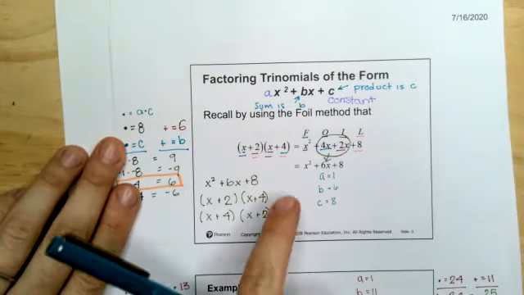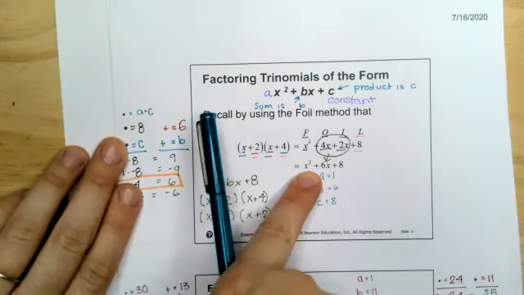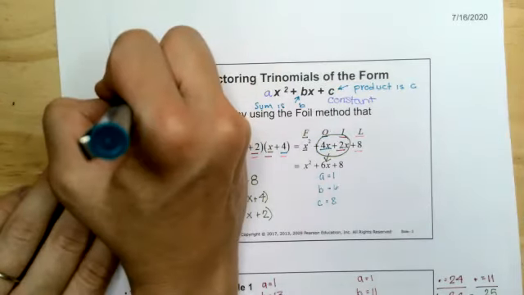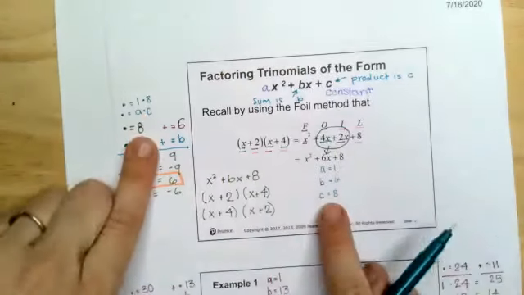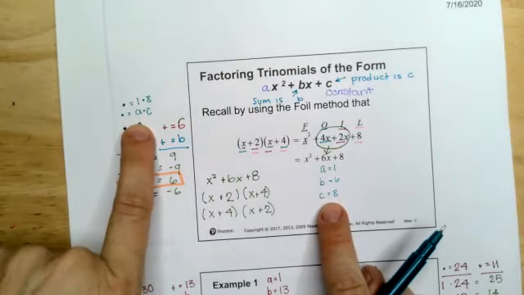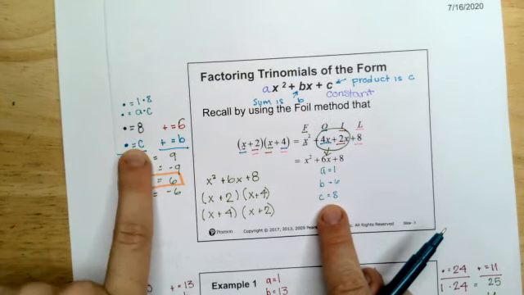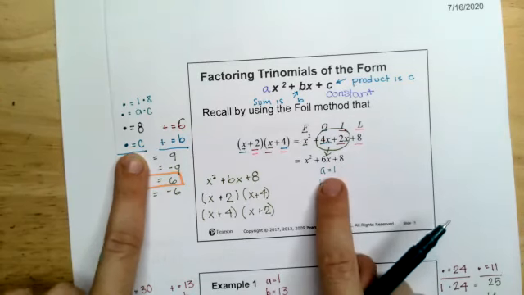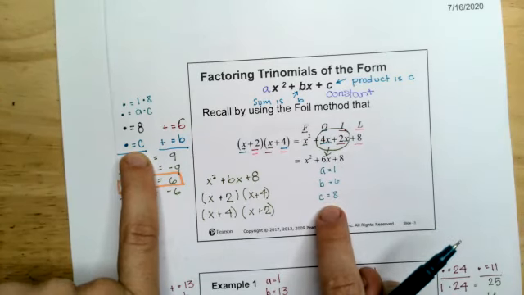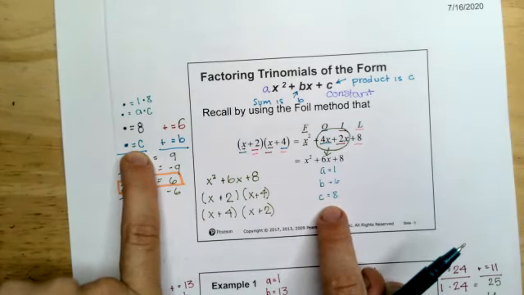However, in the case that there is no number in front of the x squared, that's just 1. So you're multiplying it to equal 1 times 8, right? So it's not really multiply to equal c, it's multiply to equal a times c. It's just that oftentimes a is 1, so we just think of that as c.